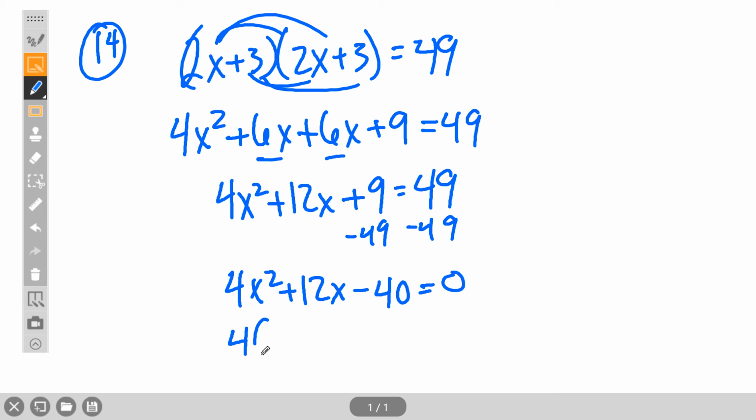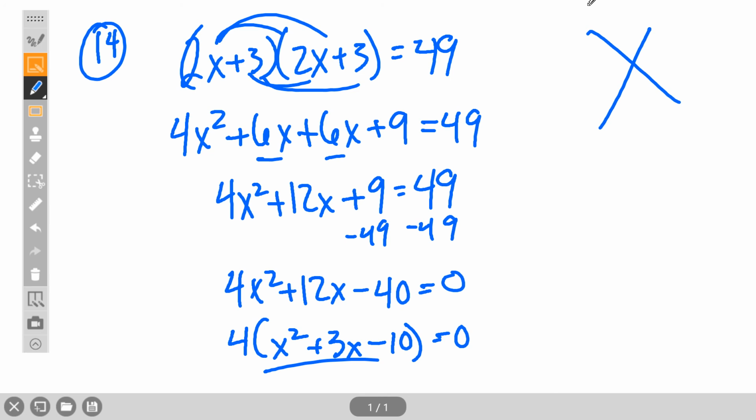So first I'll factor out the GCF. So I got x squared plus 3x minus 10. And then I need to factor this, x squared plus 3x minus 10. So I got negative 10, positive 3. Two numbers that multiply would be positive 5 and negative 2. So x squared plus 3x minus 10 can be broken into x squared, I'll do the negative one first, x squared minus 2x plus 5x minus 10.